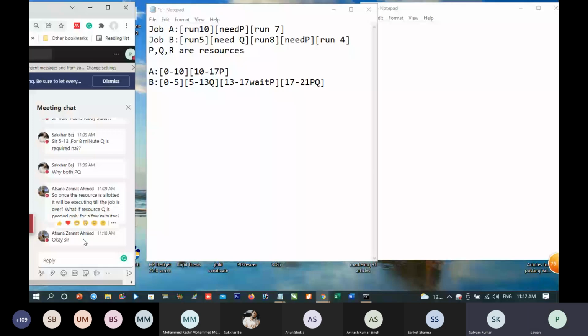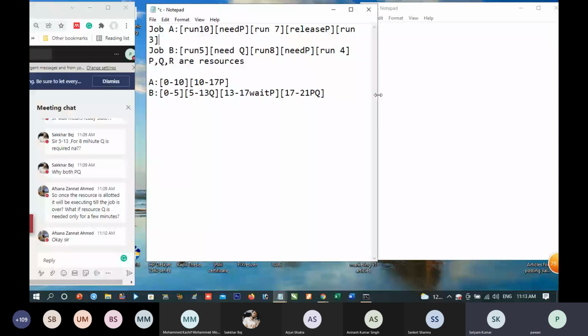Fine. Job A wants the CPU for 10 unit time. And once it has executed for 10 unit time, it needs a printer. And using the printer, it will be running for 7 unit time. And assuming that after 7 units, it will release P and it will further run for 3 unit time.